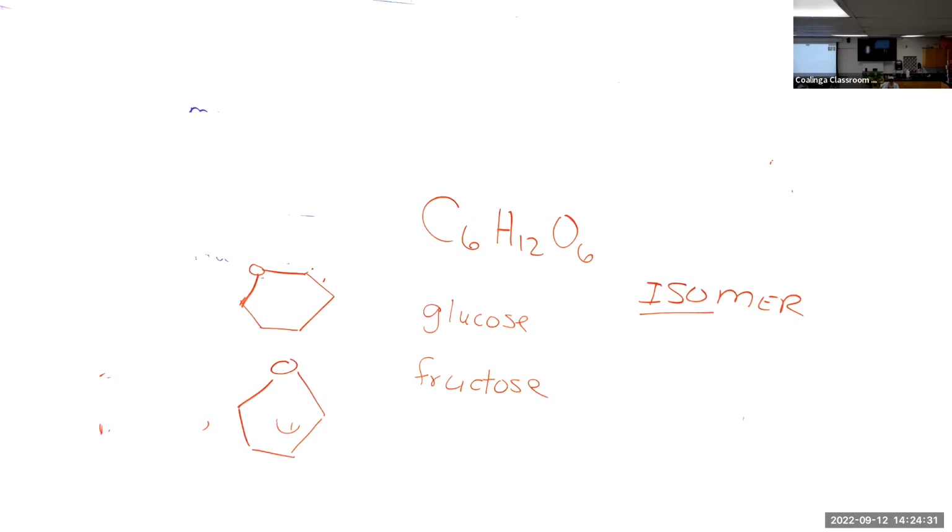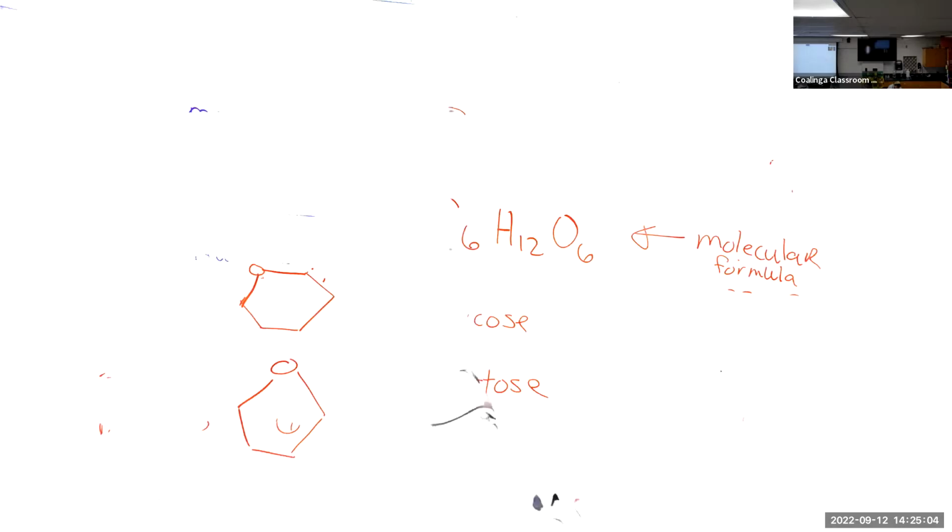Okay, so this here is called our molecular formula. Now, the empirical formula tells us the bare minimal ratios of each of the elements to each other. The empirical formula gives us the lowest common denominator.